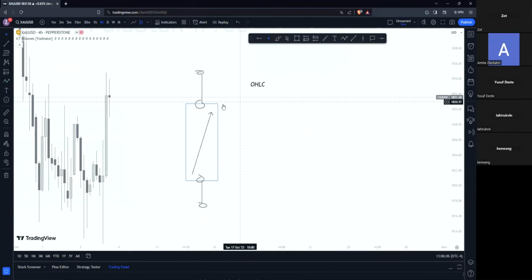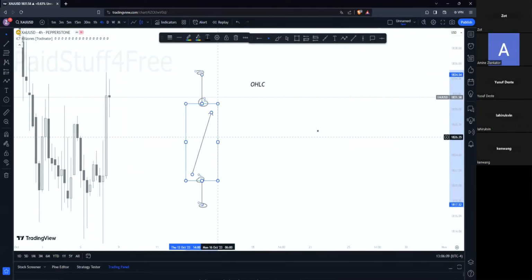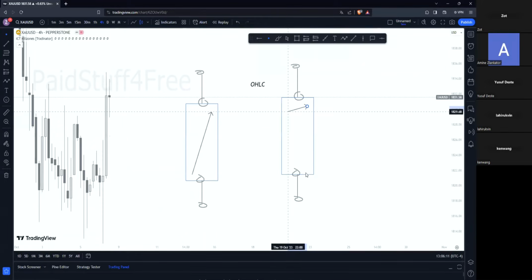The closing is going to be above on a green candle, but on a red candle, the closing is below, right? So I want you to only focus on the closing. Forget about the opening, forget about the high, forget about the low. Focus only on the closing.